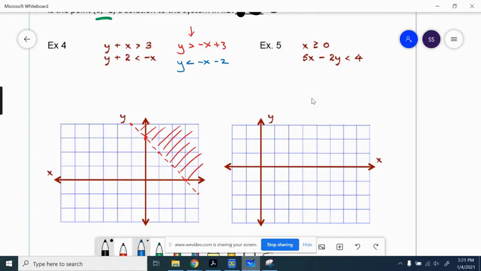And now let's switch over to my blue pen and graph out the second equation. Y is less than -x minus 2. So let's start with the y-intercept of -2. And we have the same slope of -1. So that's going to be down 1 over 1 or up 1, back 1. And again, we're going to have a dashed line.